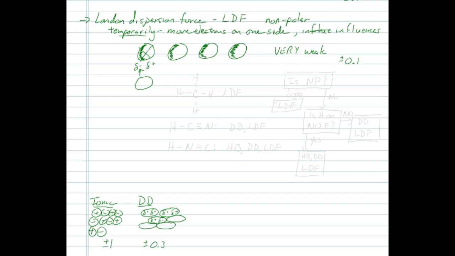So, what happens if you have a Lewis diagram? You can figure out what it is. Well, you start and ask, is the molecule non-polar? We're going to make a flowchart here. If the answer is yes, then you have London dispersion force, and London dispersion force only.